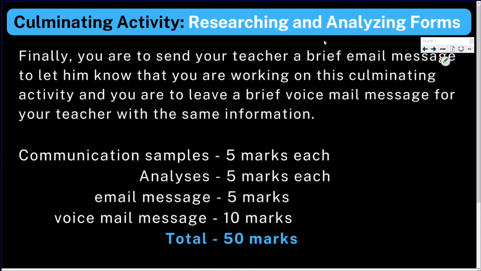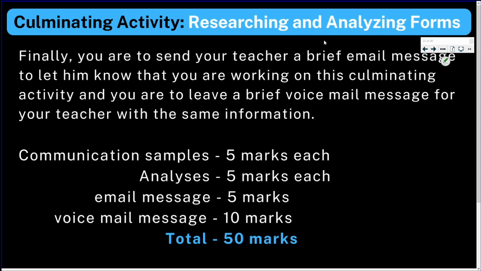So, here's the breakdown of how the assignment works. You get 5 marks for each of your communication samples. That's a grand total of 25, because you'll have 5 samples and you get a mark of 5 for each one.